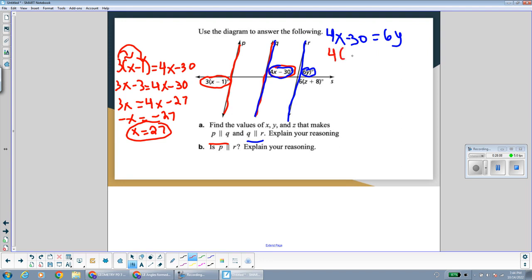So let's substitute in 27 for x, and then all we need to solve for is y. 4 times 27 is 108. 108 minus 30 is 78. And then dividing by 6, we have y is equal to 13. We only have one more value to find, and that's the value of z.